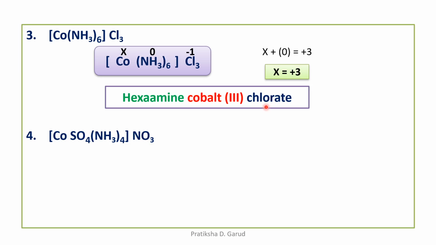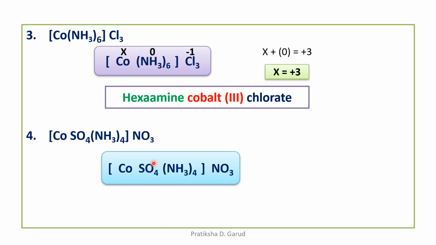Next one is the [Co(SO4)(NH3)4]NO3. So for this we can write it is Co SO4 NH3 4 NO3, right? So in this complex, this cobalt, for which we have to find out the oxidation state or the oxidation number. So it is X. For the sulfate, it is having the charge -2, which is a negative ligand.